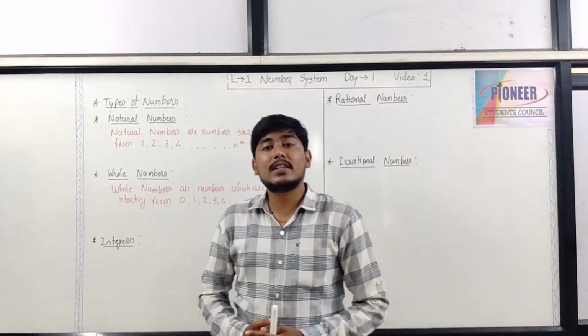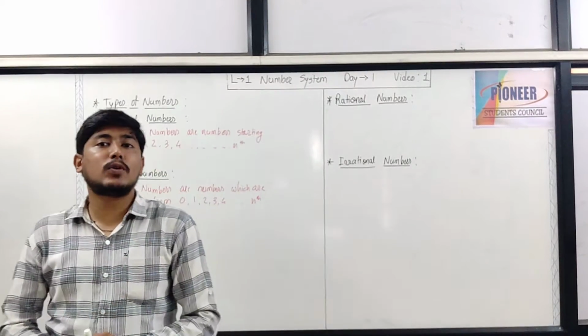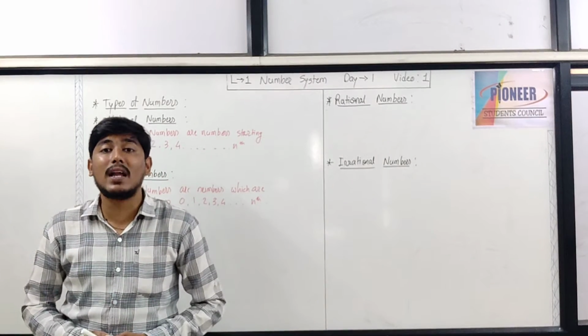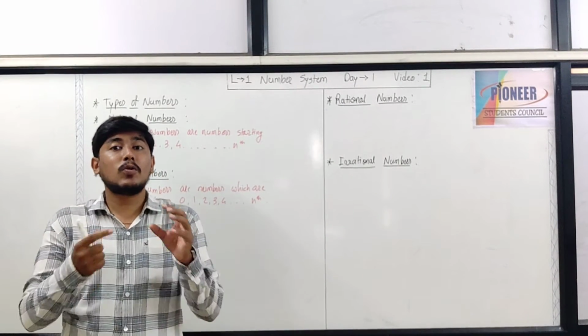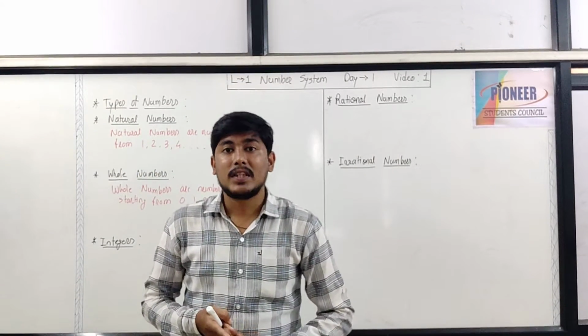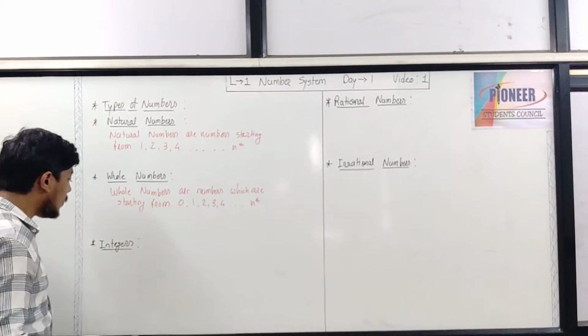Integers. What do integers mean? We have learned there are two types of numbers: some are positive numbers, some are negative numbers. The combination of positive numbers and negative numbers is known as integers.